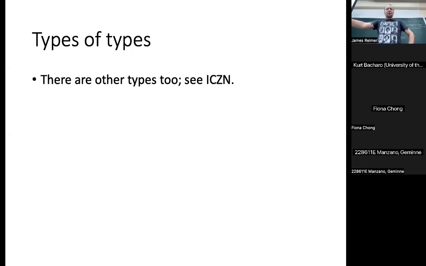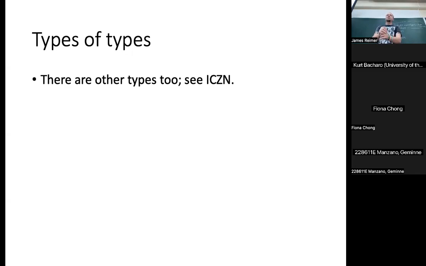Yeah. Kurt, do you have a question? I just want to clarify for the syntypes and the paratypes. So for the syntypes, you provide a description together with the holotype, while for the paratypes, you just mention it? No. If you have a holotype, you do not have syntypes. Syntypes only exist in older papers when a holotype was not designated.